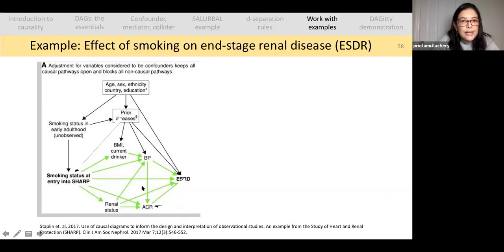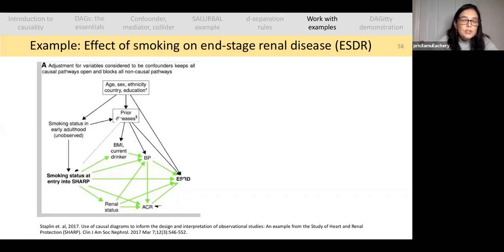These green arrows are the causal effects, the causal paths, so the things that we don't want to close. And the black ones are the paths that are already closed because I adjusted for these things.